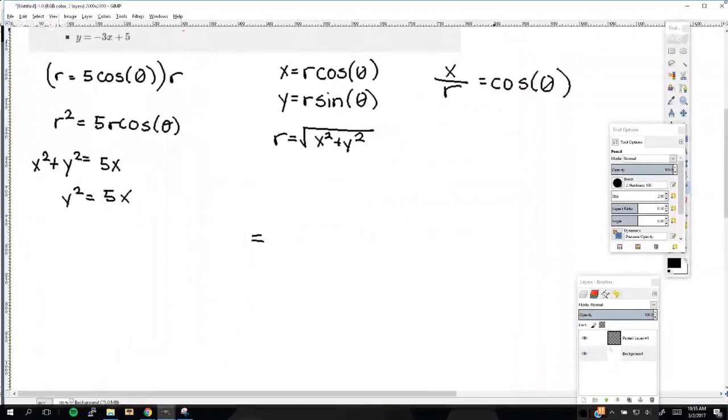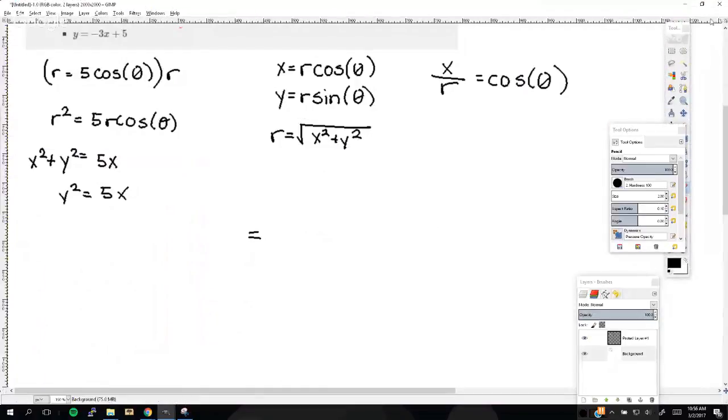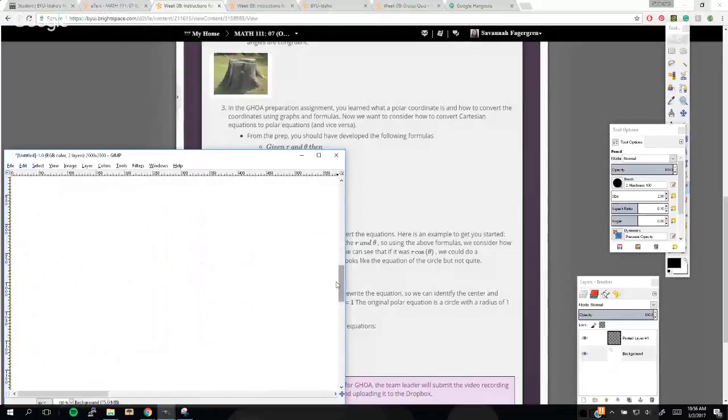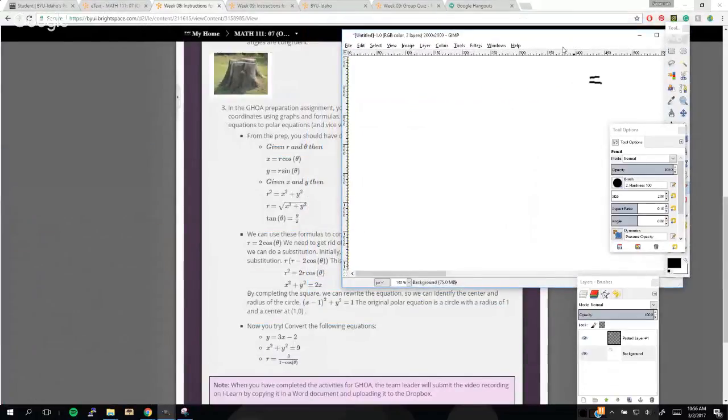It's the same thing you did. You did r squared. And then we got to where we did x squared plus y squared equals 5x. Like, we got there. But then it just gives you the next answer. It doesn't say how it got there.